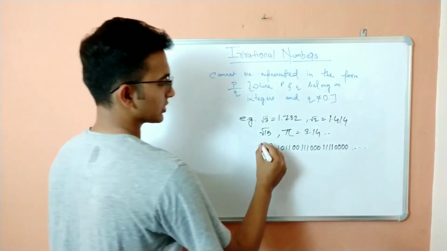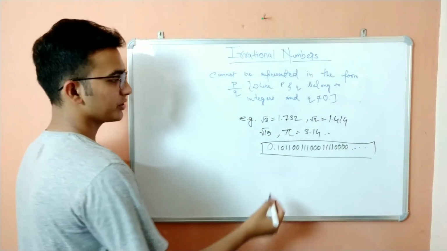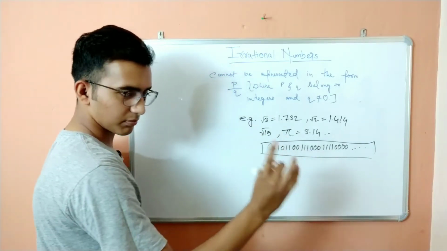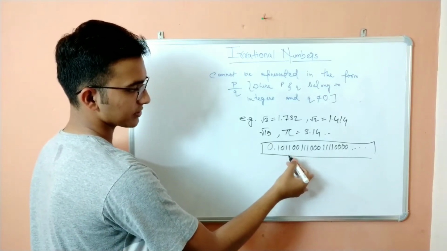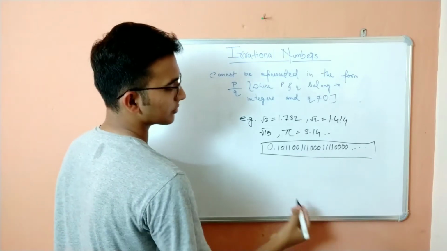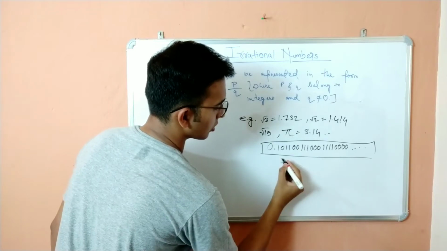Just pay attention to this number specifically right now. What do you see? After this decimal point, 1 is there only one time, then there is 0, then 1 is repeated 2 times and 0 again repeated 2 times. You see 1 repeated 3 times and 0 3 times. So you see this repetition.